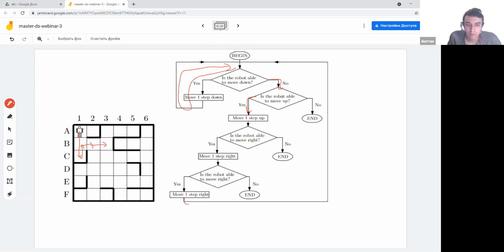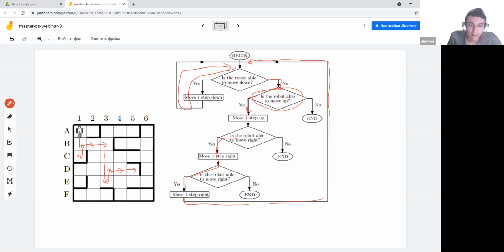After performing it, we return back to the beginning, where, as we remember, what we first do is we move down while possible, then move up one step by this operation, and then move right twice, and then again go to the beginning.